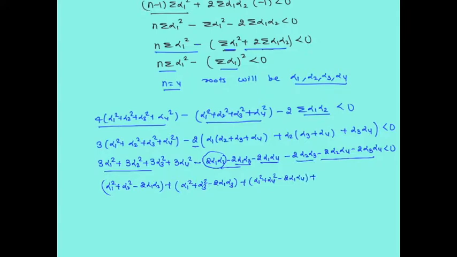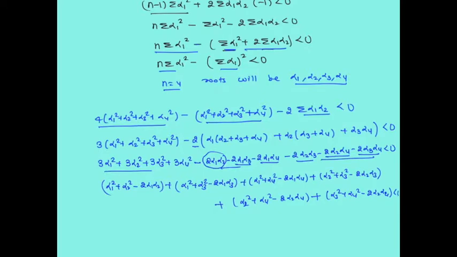Plus alpha 2 square plus alpha 3 square minus 2 times alpha 2 alpha 3. Plus 1 times alpha 2 square plus alpha 4 square minus 2 times alpha 2 alpha 4. Plus 1 times alpha 3 square plus alpha 4 square minus 2 times alpha 3 alpha 4 is less than 0.